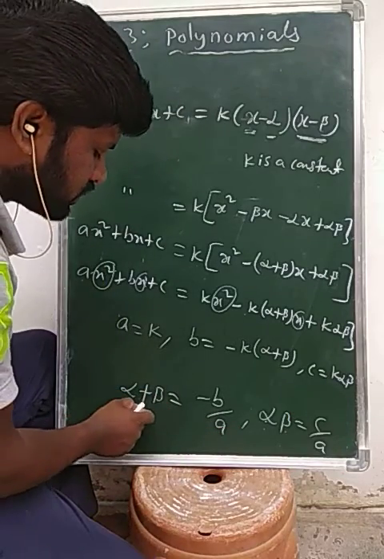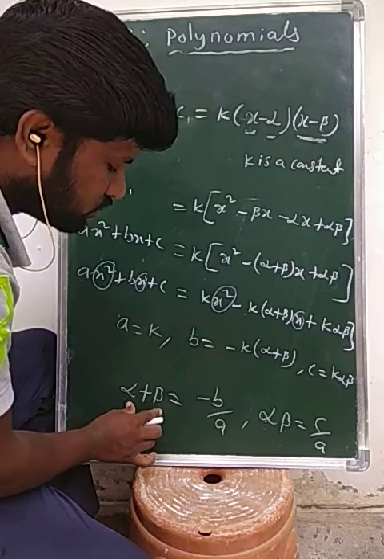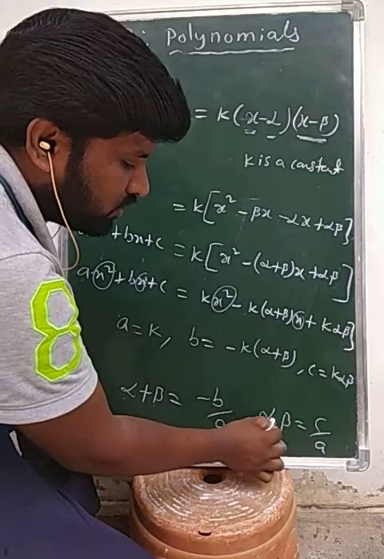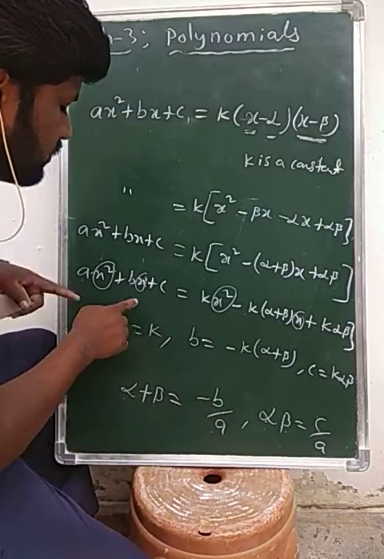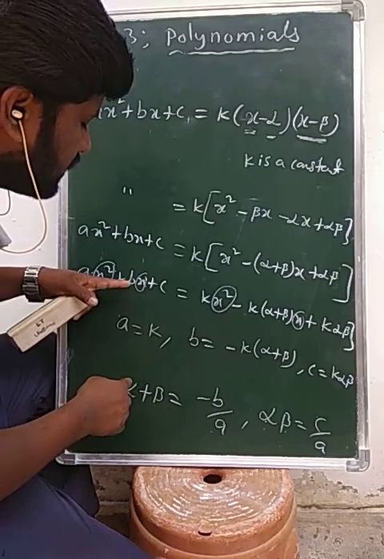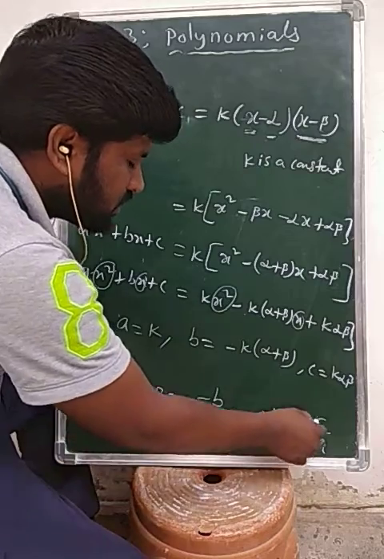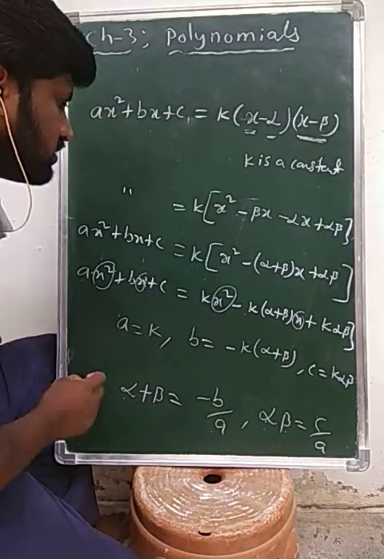Sum of zeros alpha plus beta is minus b by a, product alpha into beta is c by a. Clearly b is the coefficient of x, a is the coefficient of x square, and c is the constant term.